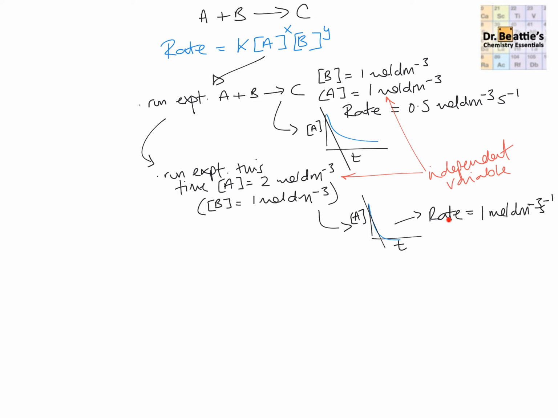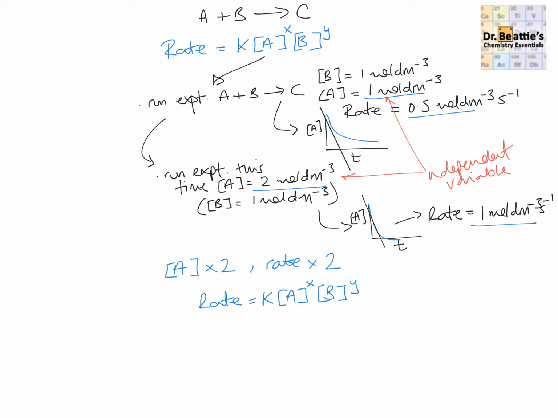And in this case, the initial rate we've worked out is 1 mole per decimeter cubed per second. So what we've realised here is that as we double the concentration of A, going from 1 mole to 2 mole, the rate has also doubled, going from 0.5 to 1 mole.